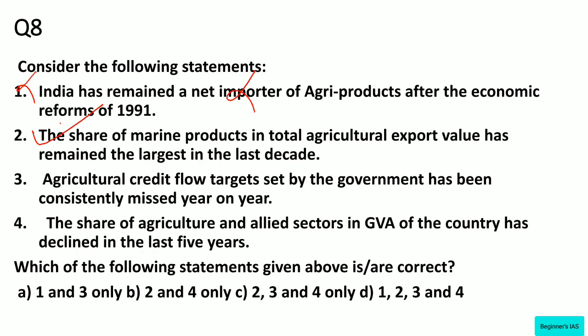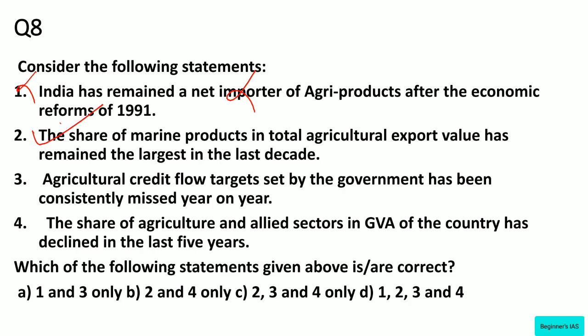The agriculture credit flow target for the year 2019-20 was fixed at 13.5 lakh crores, and against this target, 13,92,469.81 crores was achieved.